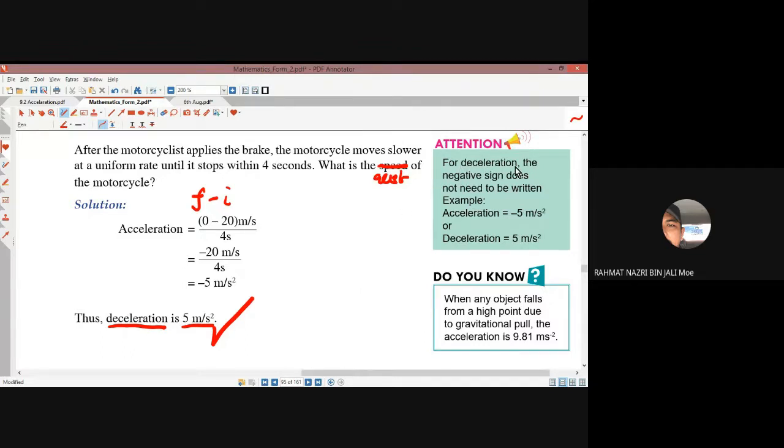For deceleration, the negative sign does not need to be written. For example, acceleration negative 5. Acceleration is equal to negative 5. Okay, we have to mention negative when we write down acceleration. Bila kita dah tulis deceleration, so negative sign no need to write.